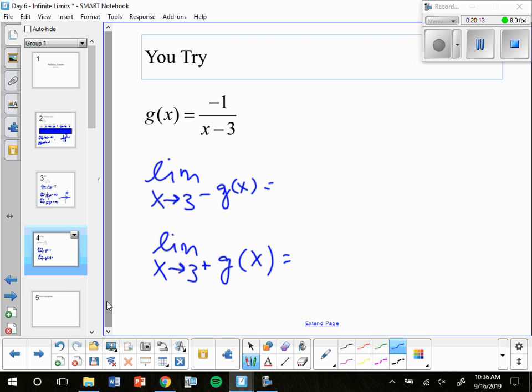So from the left, you have to get here. From the right, you have to get here.